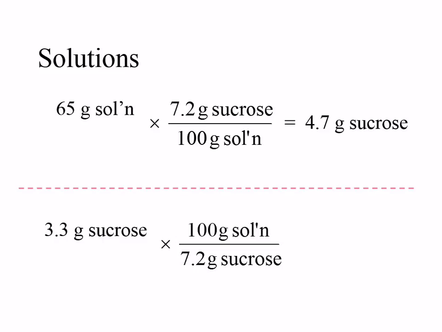So my units of grams of sucrose cancel. How many sig figs? Two, and my units will be grams of solution. Very good, 46 grams of solution. Any questions about that? Again, we're just using weight percent as a conversion factor.